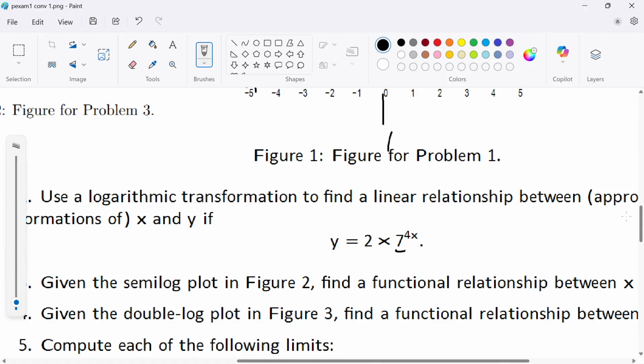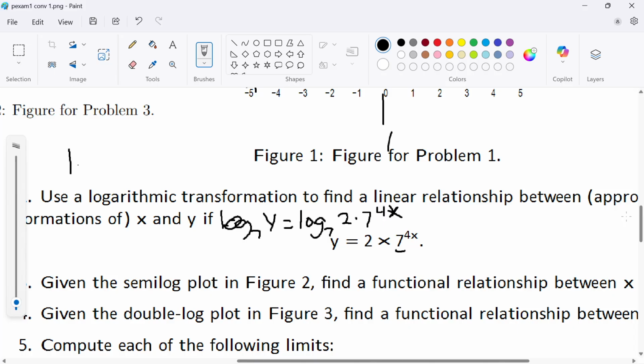I guess I'll show it with log base 7, and then I'll show it with log base 10. So if I want to do log base 7, I can do log, not ln, I want log. Log base 7 of y equals log base 7 of 2 times 7 to the 4x power.